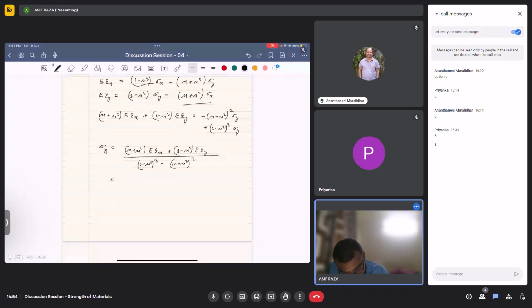Mu plus mu square, I'll just take E out, resolving the denominator.